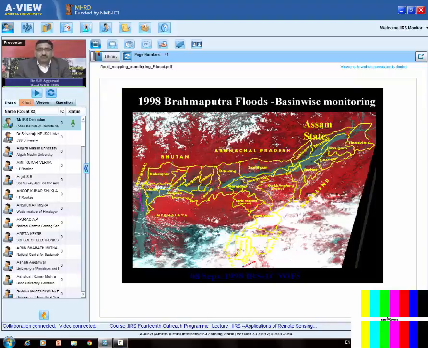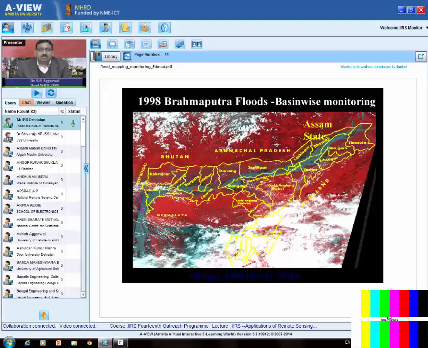Then the district boundary of Assam was overlaid over it. What you see in this image is nice forest area, agriculture area. But then you can see cyan color all along the Brahmaputra river. The Brahmaputra river is not that wide. It is basically the Brahmaputra river plus flooded area. So if you separate out the Brahmaputra river, you can see the flooded area.